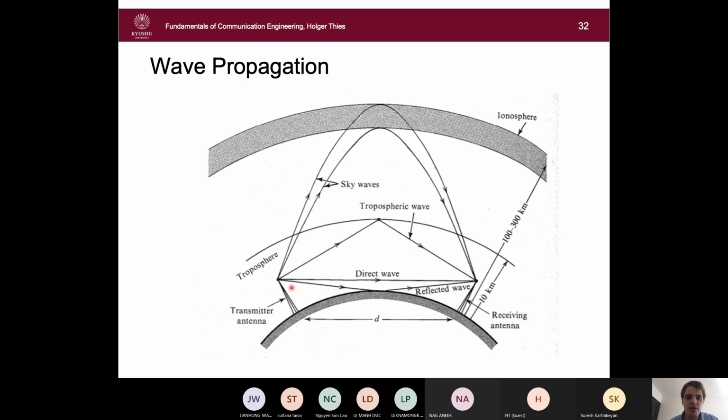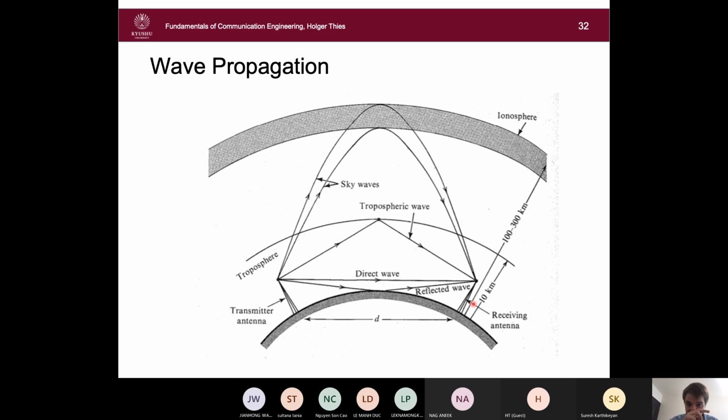So that means waves go from some transmitter antenna to some receiving antenna, and we can distinguish between different forms of wave propagation depending on how they go from the transmitter antenna to the receiving antenna. The easiest form is a direct wave, which just goes directly in a straight line from the transmitter antenna to the receiving antenna.